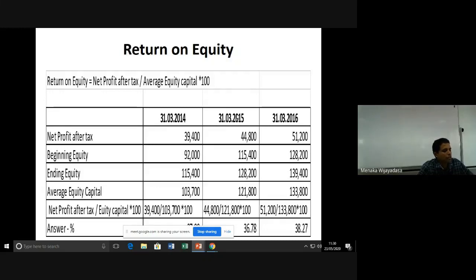For financial year 2014, the starting point is 31st March 2013. Equity comprises two parts mainly, stated capital plus reserves. So you have to go to note number 1 and find out what the stated capital is and what the reserves are.